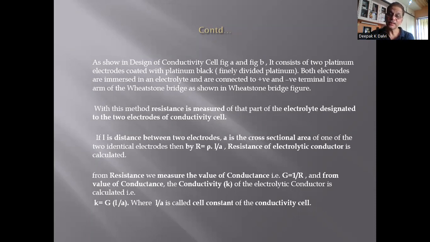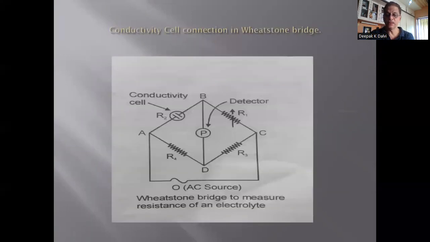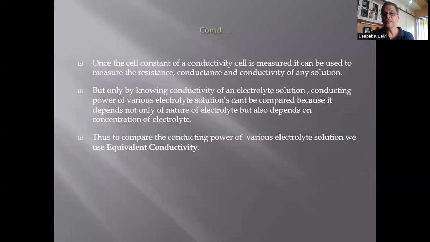So this cell constant is a very important measurement in an electrolytic conductor. How is it important? That we'll see. Once the cell constant of a conductivity cell is measured, it can be used to measure the resistance, conductance, and conductivity of any solution.